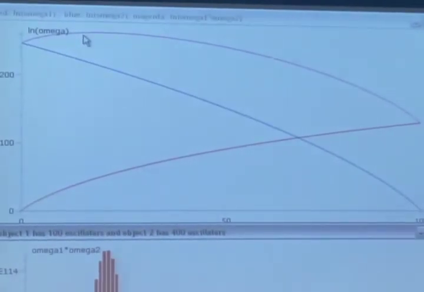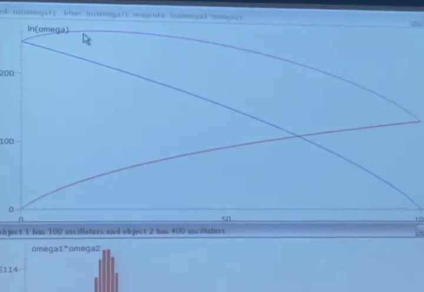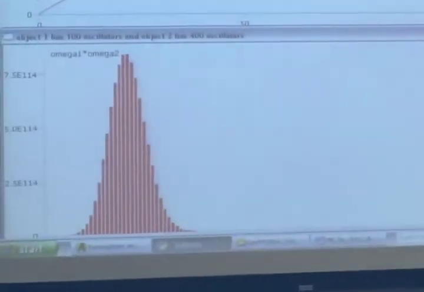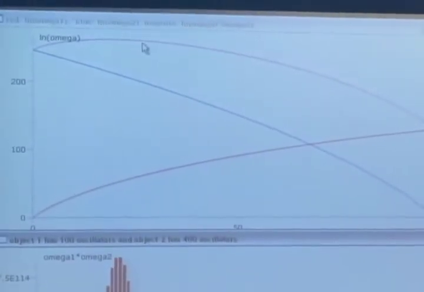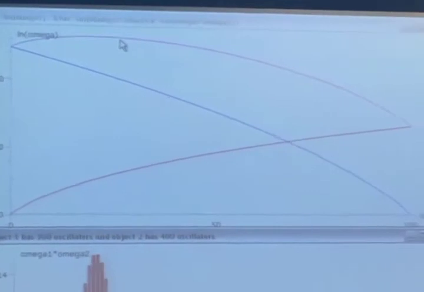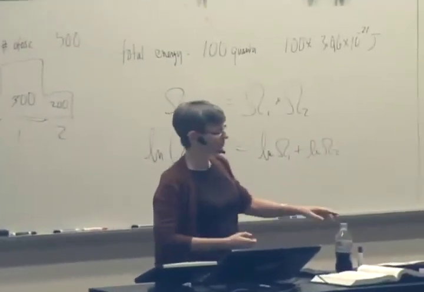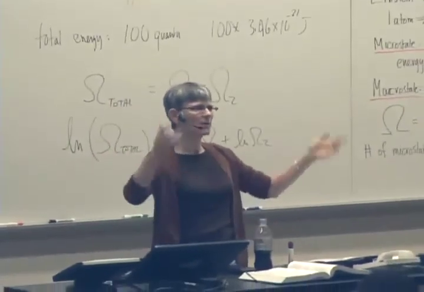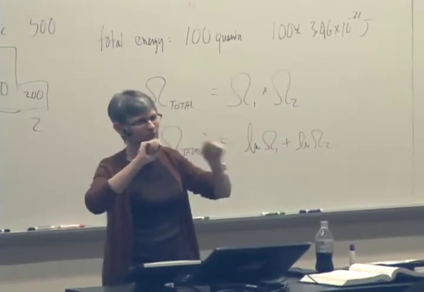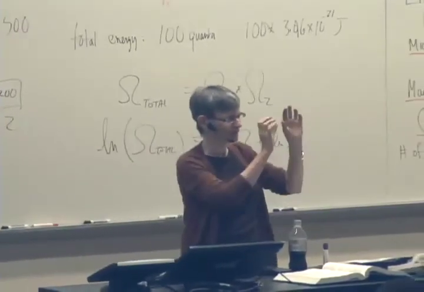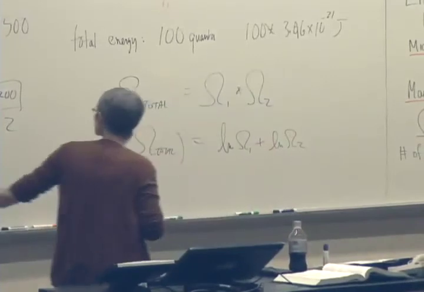Now the interesting thing about that is that what we're really plotting here is nearly the entropy of this system. Entropy is a concept that people doing classical thermodynamics on macroscopic systems had come up with a long time before people knew there were atoms and started thinking about ways of arranging energy in microscopic oscillators.